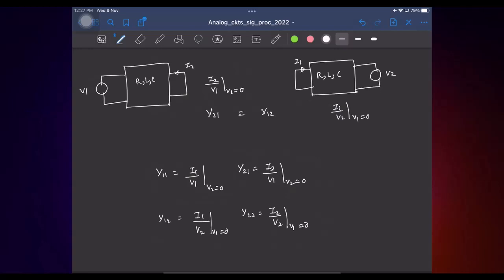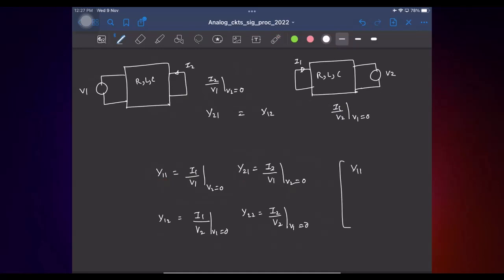Yeah, that basically comes out of reciprocity, right? So if you have a network containing only linear RLCs, how many variables do you need to characterize it? Y parameters required 4, right? Now you know a relation between them, so you need basically 3 of them.